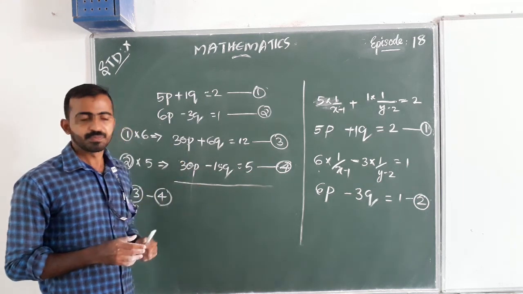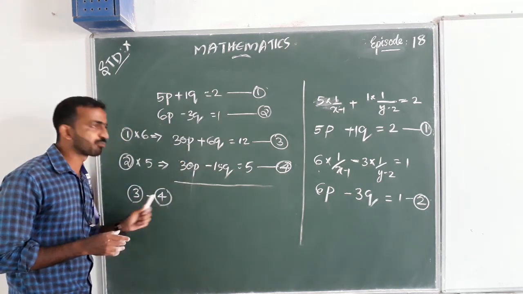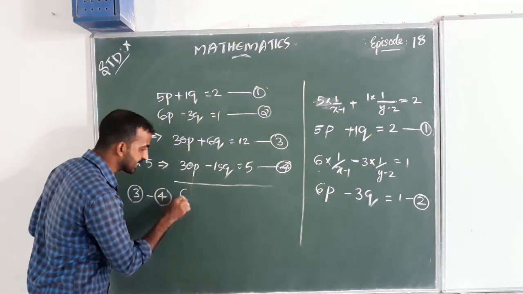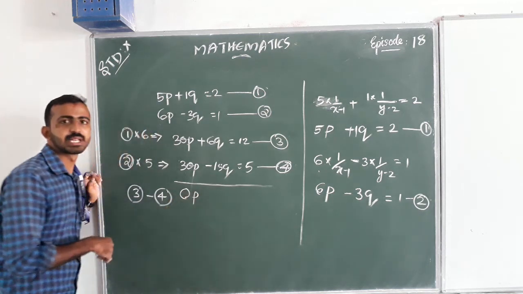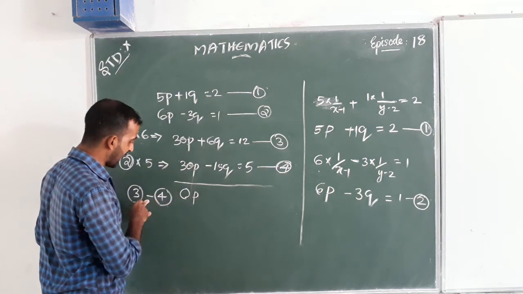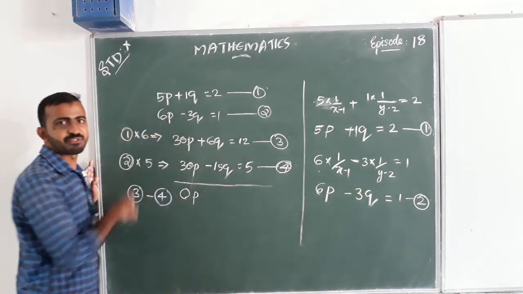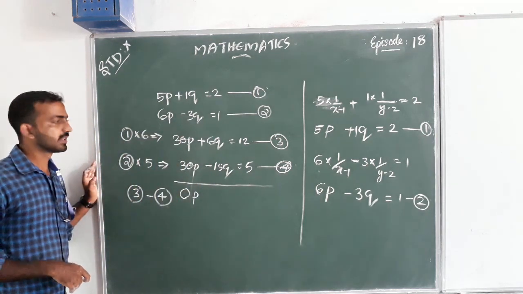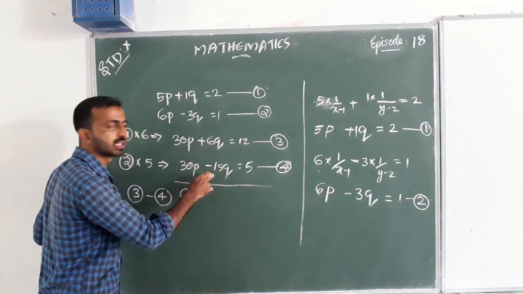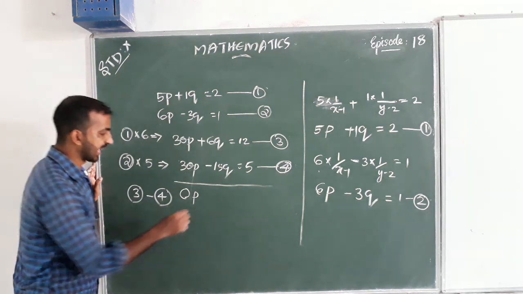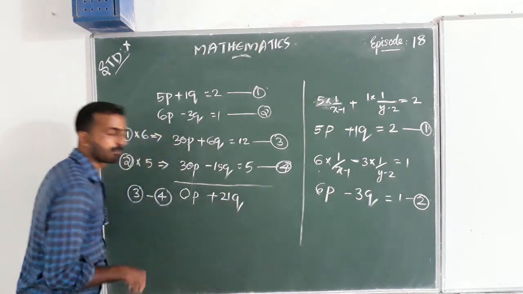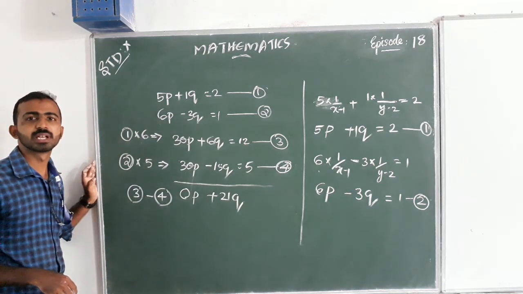Here we get 30p minus 30p, that is 0p. And 6q minus 15q, that is 6q plus 15q, we get plus 21q.